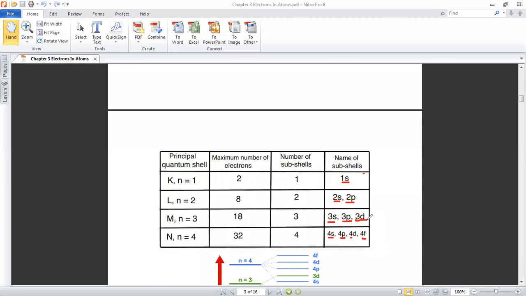In the third shell, which is a bigger shell, there is a bigger capacity of electron wave nature. So we can see that there are 3 kinds of wave pattern of electron cloud, that is spherical, dumbbell, and double dumbbell as well, and then so on.